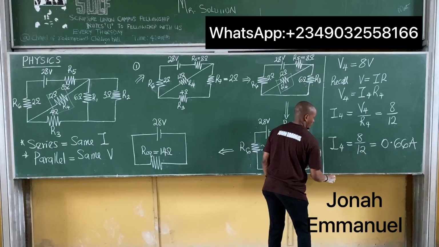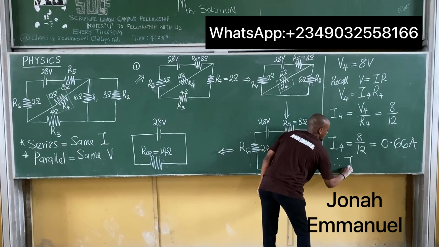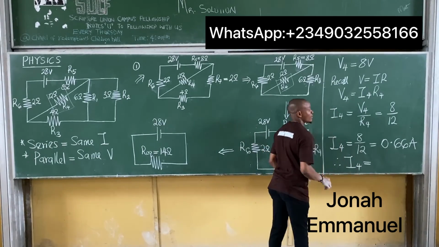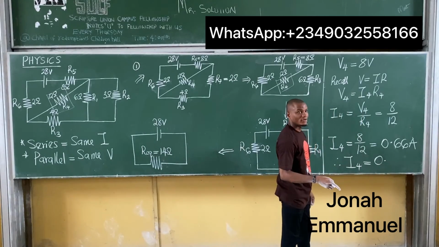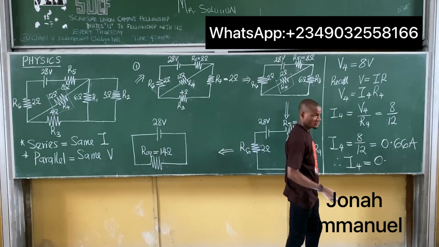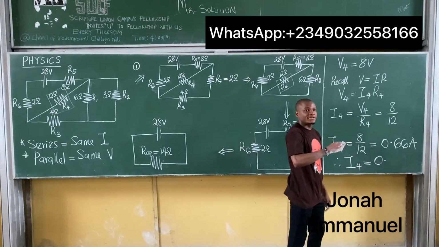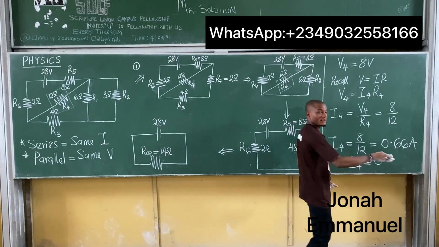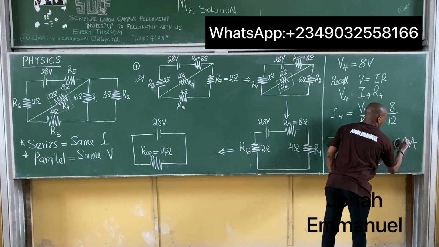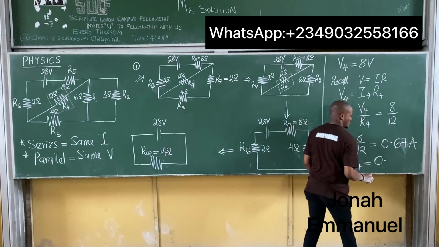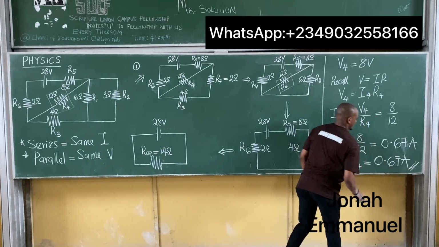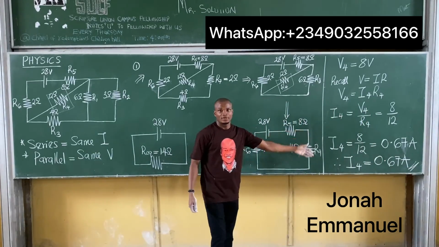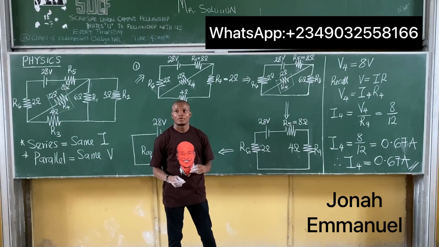So therefore, the current flowing through R4 is equal to 0.67. That's 0.667, right? 0.67. That gives you 0.67 amperes. So this is how you find this one here. That's how you do this. Let's read it back up.